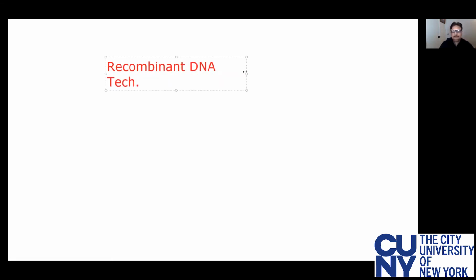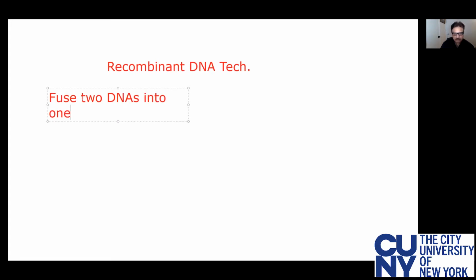So the question arises, why is it called recombinant DNA? The reason it is called recombinant DNA is because we fuse two DNAs into one. And why do we do this?